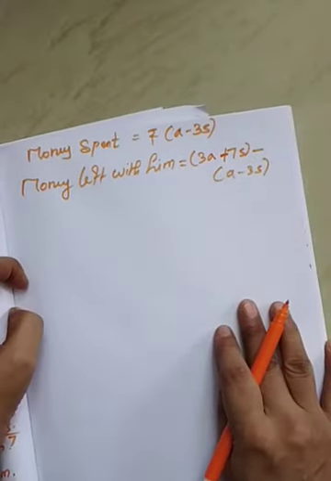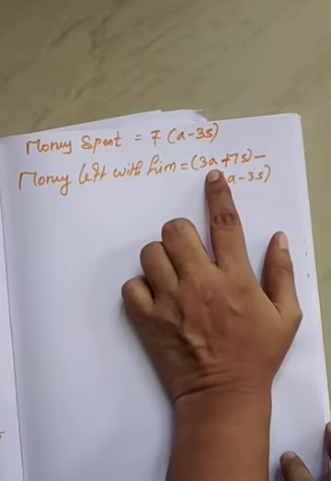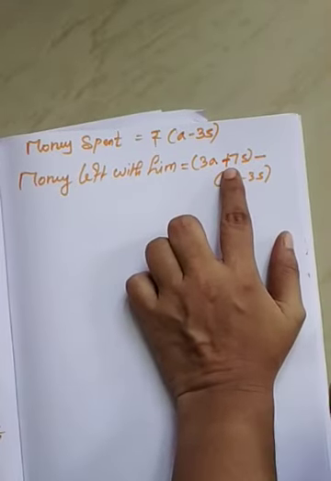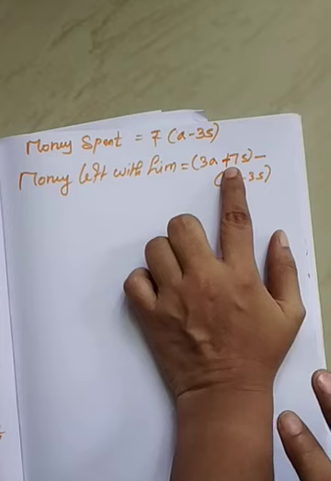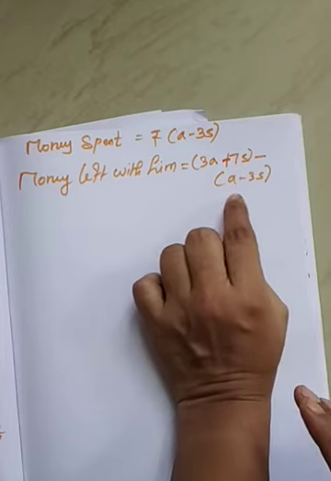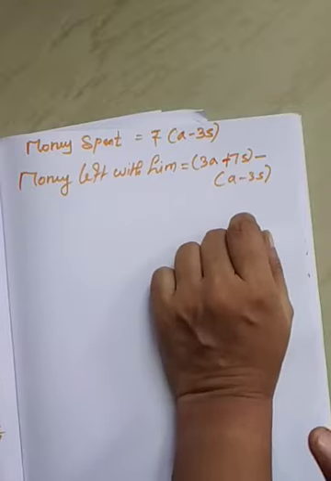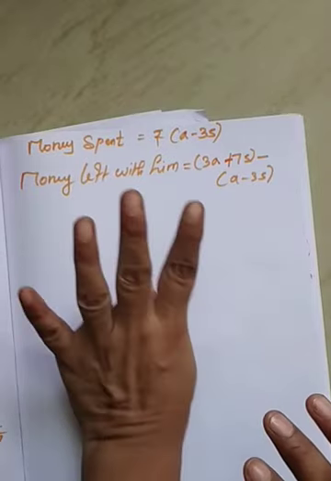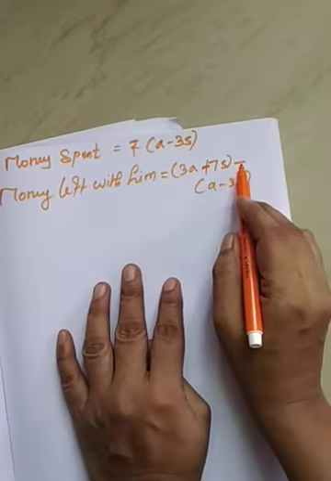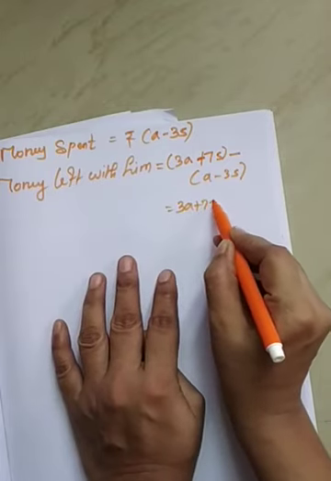See here, in this 3a plus 75 means the total amount, that means Joseph had rupees 3a plus 75, and then he spent rupees a minus 35 to buy a book. Now you need the money left with him. How can you find it? You have to subtract. See here, write 3a plus 75.